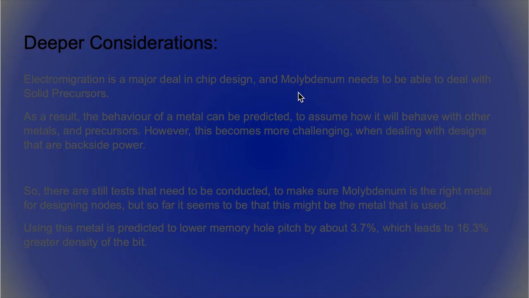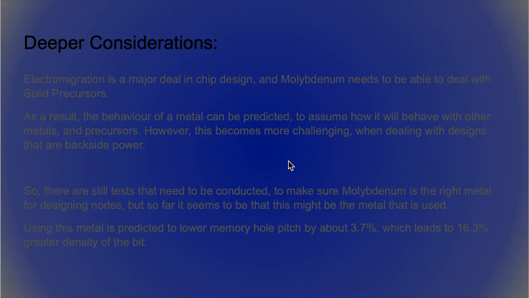It is essential that molybdenum can deal with them and interact well with them. The way this can be predicted would be to perform tests, which can predict how the metal will behave with other metals and other precursors.